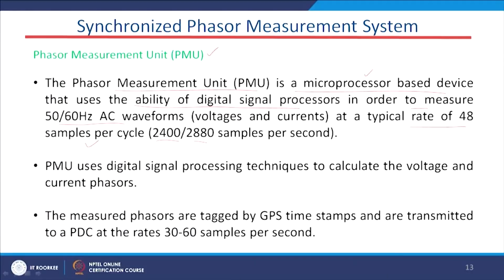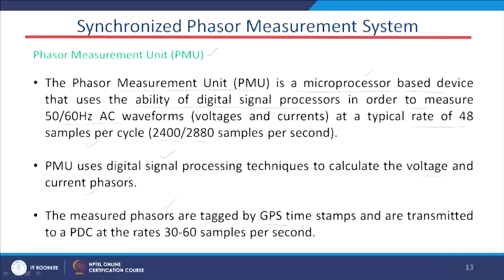This PMU uses digital signal processing techniques to calculate the voltage and current phasors. Already we have discussed that we use the discrete Fourier transform, which is a phasor estimation technique, and due to that the voltage and current phasors are estimated inside the PMU system.